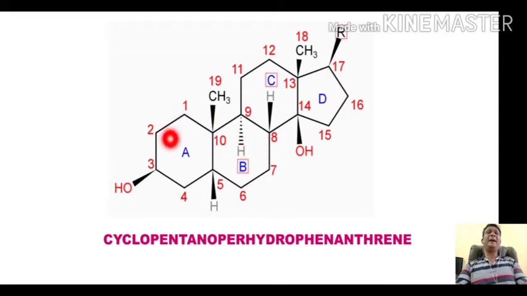That means rings A and B are numbered in sequential order, and then the numbering goes in a spiral way, like an S. Here is the sequential numbering and here is the spiral numbering. The carbon given number 17 has an alkyl substituent.